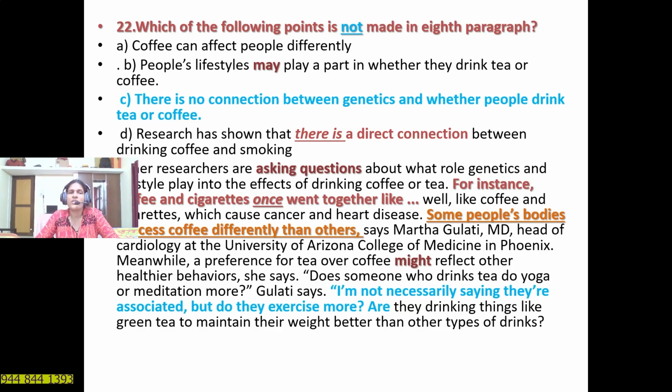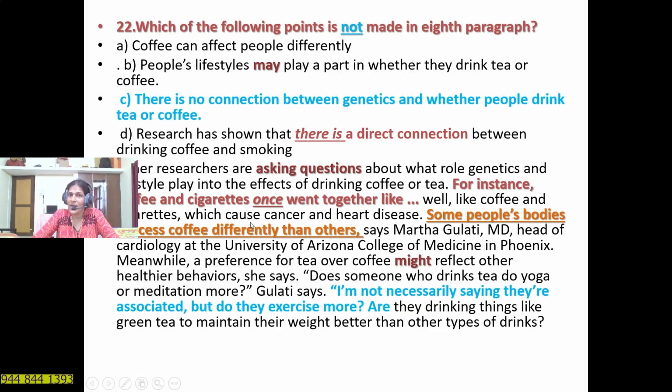Some people's bodies process coffee differently than others, says Martha Gulati. Meanwhile, a preference for tea over coffee might reflect other healthier behaviors. So, what is not made here? Coffee can affect people differently. Yes, they said here some people's bodies process it differently than others.